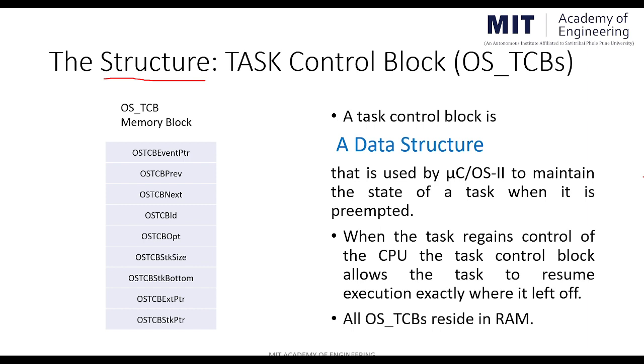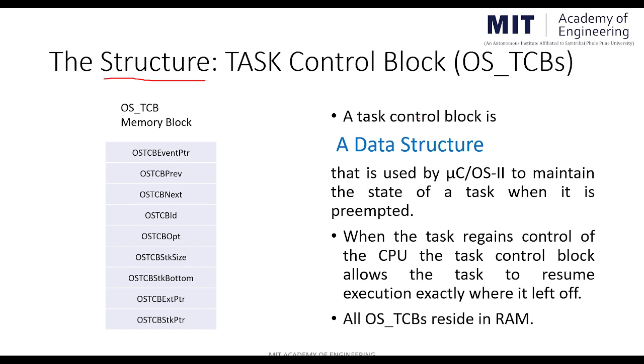At the time of preemption, MuCOS2 follows the context switching concept, where while switching the context, the kernel or scheduler has to save all the states of the previous running task into the task control block. And that's why the task control block is a very useful data structure.